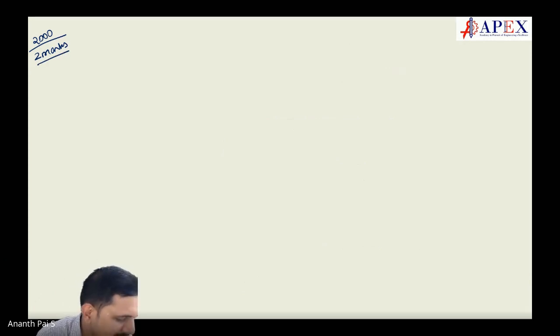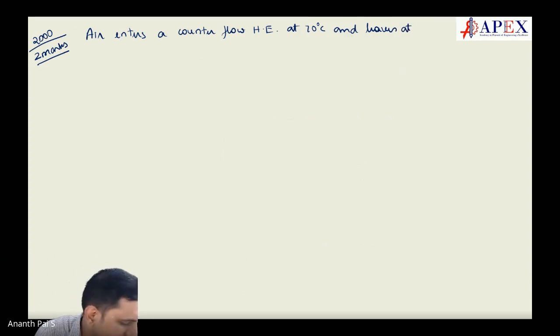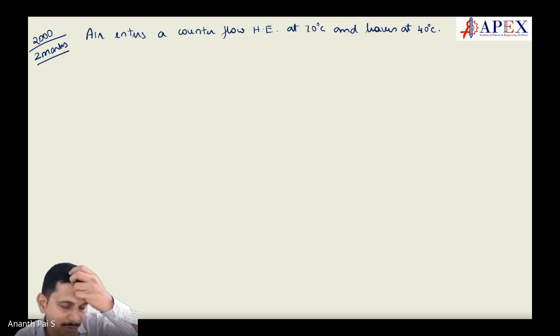The question is like this: air enters a counterflow heat exchanger at 70 degrees centigrade and leaves at 40 degrees centigrade.